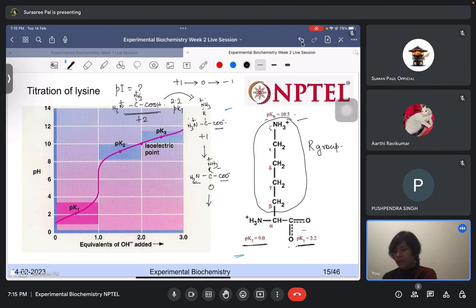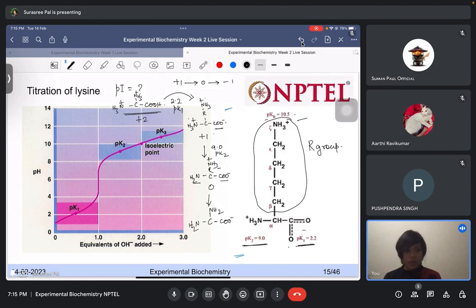Now at the pKa value 9, that is pK2, this molecule is changing from +1 to 0 when the alpha amino group is losing its proton. Okay, next is when the R group is losing its proton. So then what will happen? The molecule will exist like this. The R group is losing its proton, so it's losing its charge.